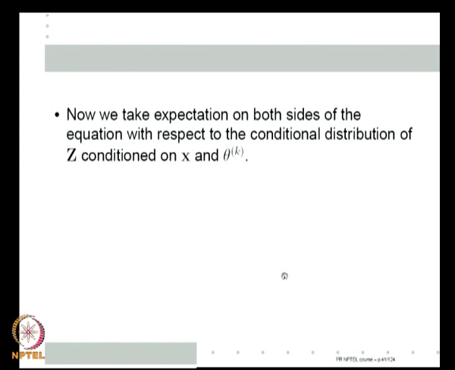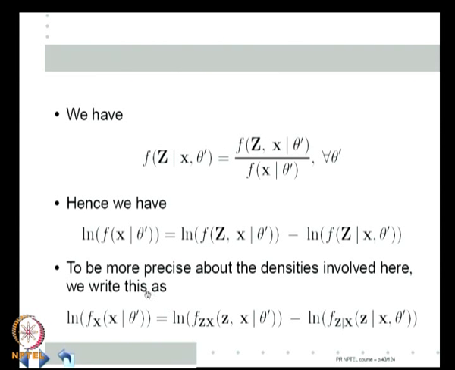So, let us remember this equation. Now, we take the expectation of this equation with respect to the conditional distribution of z conditioned on x and theta k. On both sides of the equation, we take the conditional expectation with respect to the distribution of z conditioned on x and theta k. Because expectation is a linear operation, the conditional expectation of this will be the conditional expectation of this minus the conditional expectation of this.